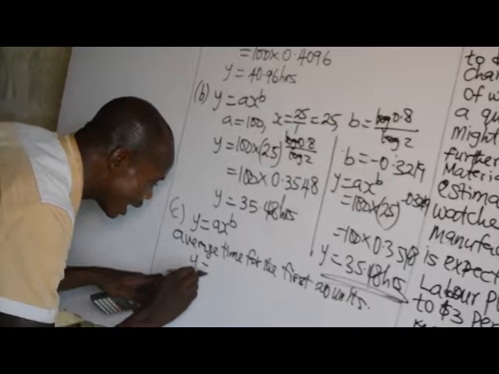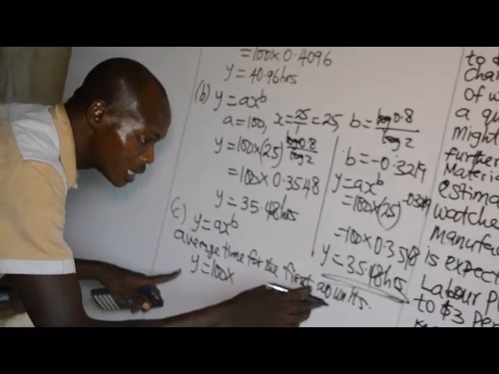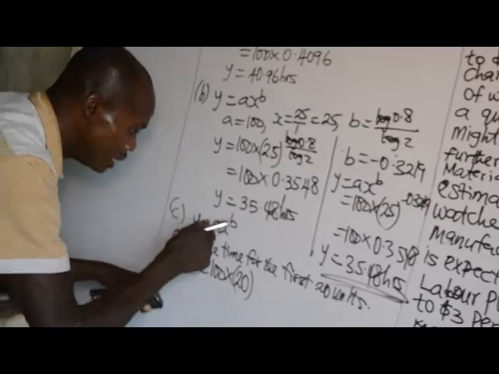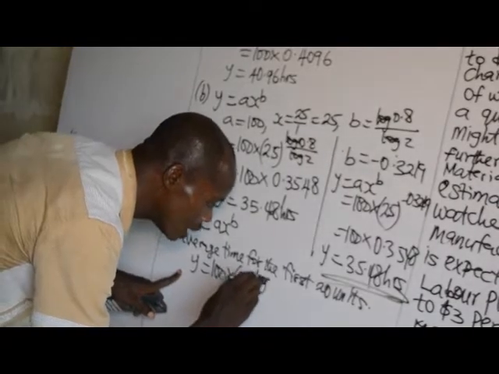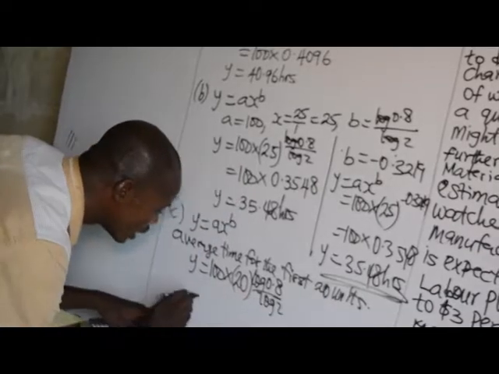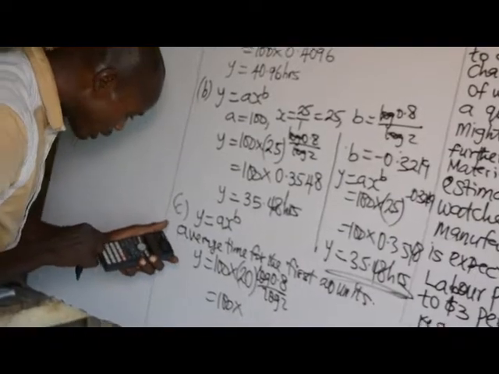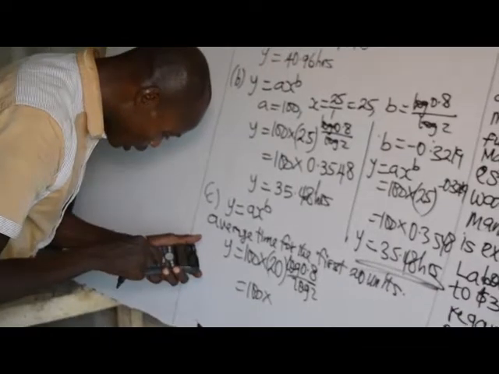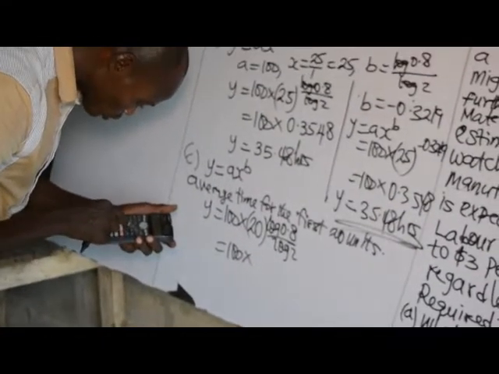Y equals A, and our A is 100 times X. Our X is 20 divided by 1. That will give us 20 raised to power B, and our B still remains log of 0.8 over log 2, which is 100 times 20 raised to power log of 0.8 divided by log 2.